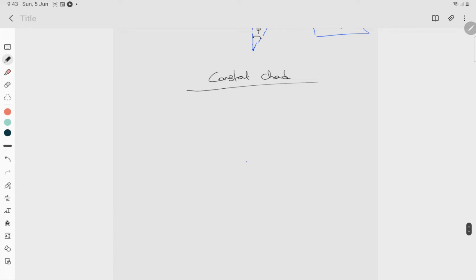We have already seen how to measure gear tooth thickness using a gear tooth vernier, and we found that both chordal addendum and chordal thickness were dependent on the number of teeth.